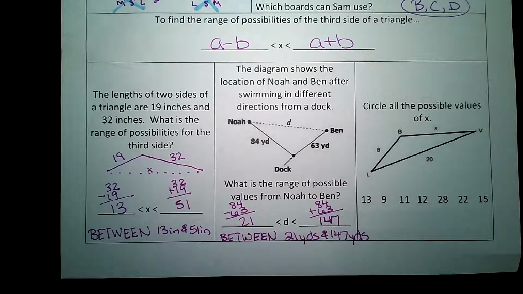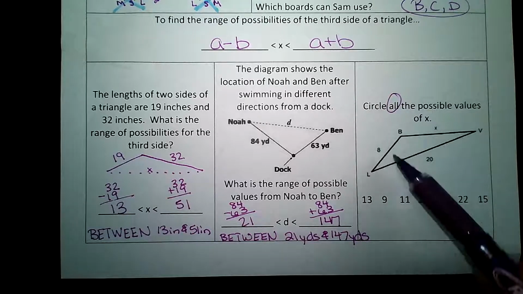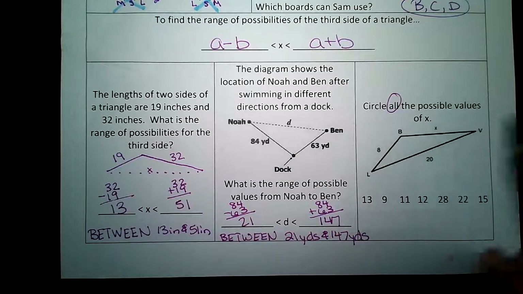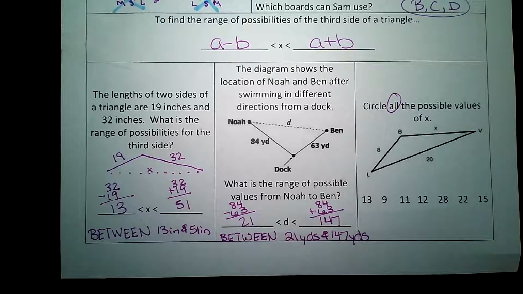Final example here for you. Directions say circle all the possible values of x. And here's our possible picture. We have a side length that is 8. We have a side length that is 20. Our unknown value is not going to be one number. It's going to be a range of values.